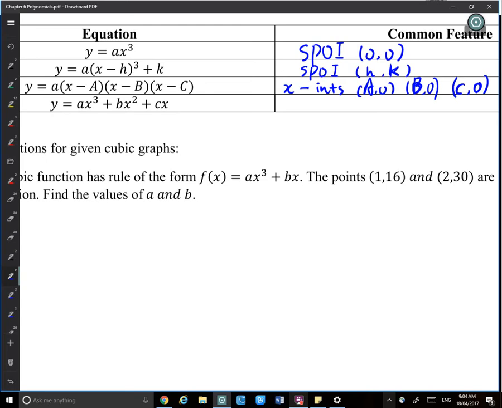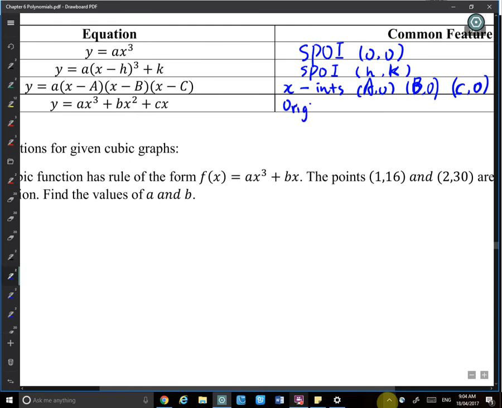If x equals 0, what does y equal? 0. Okay, always 0. If x equals 0, y will always be 0, which means it always passes through the origin, which is (0, 0). A, B, C can change, the shape can change.